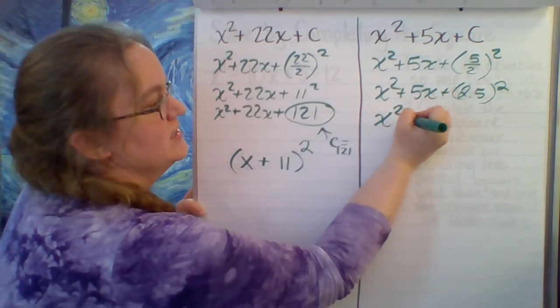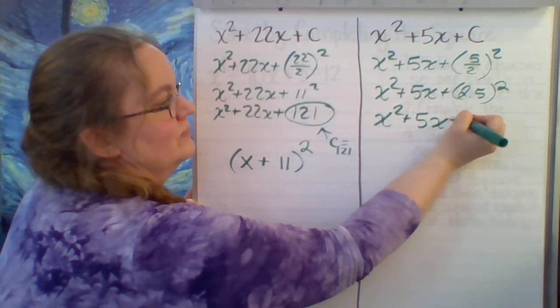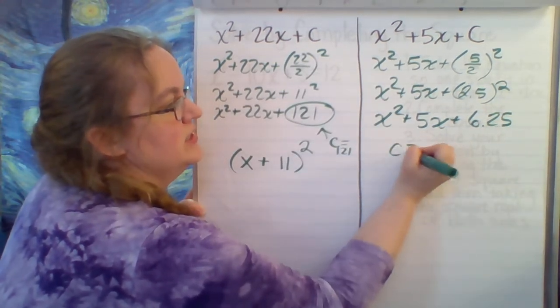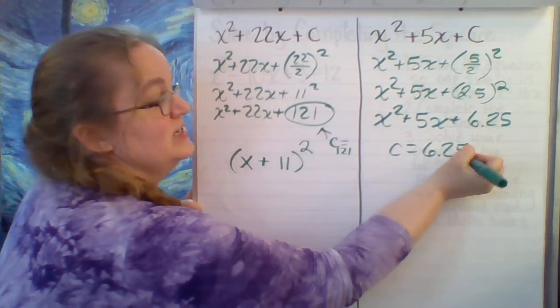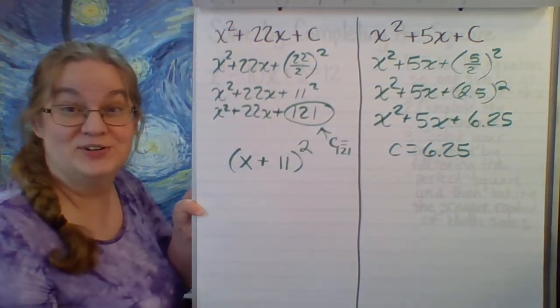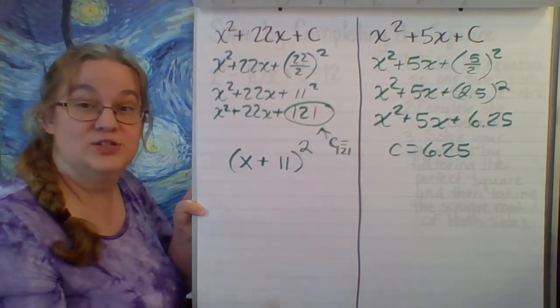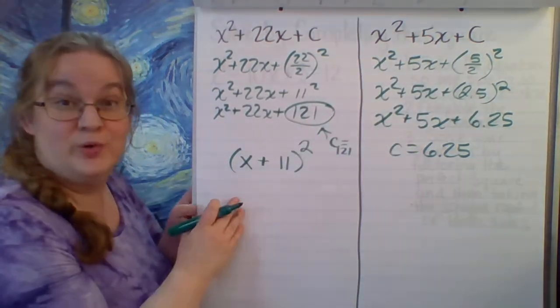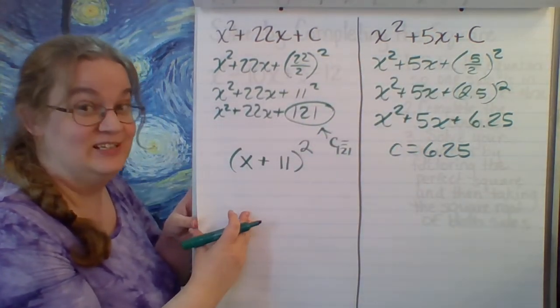So we just have to add the decimal point in. And so c equals 6.25, 6 and 25 hundredths. And that completes the square. Again, I take whatever b is, divide it by 2, and square it, and I have completed the square.